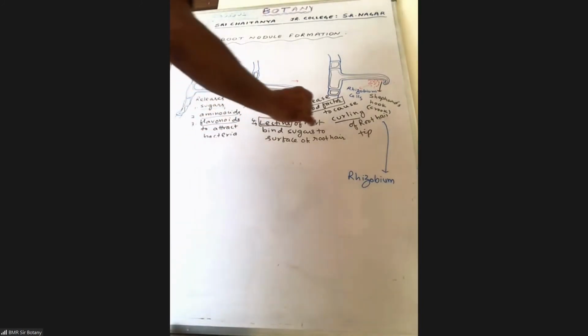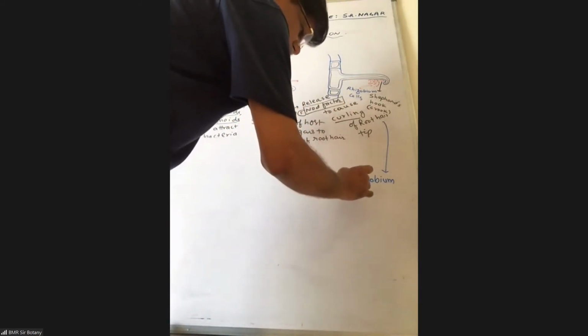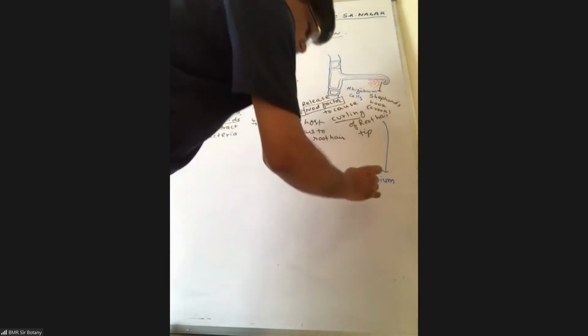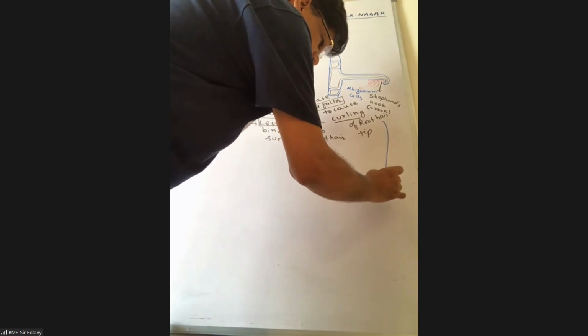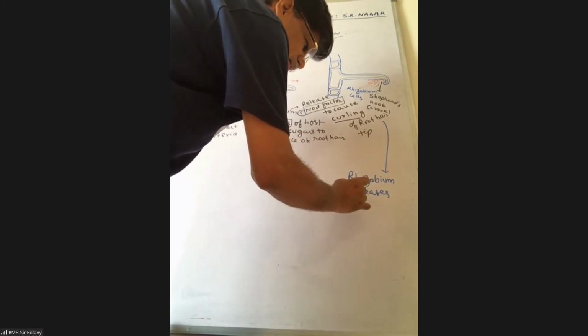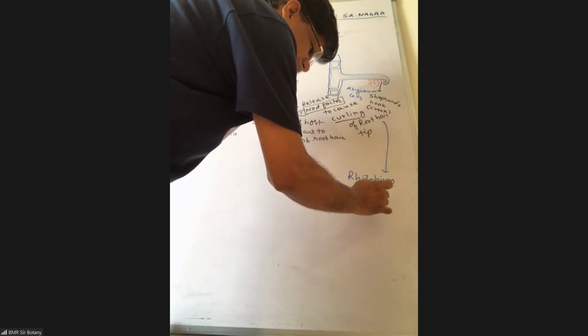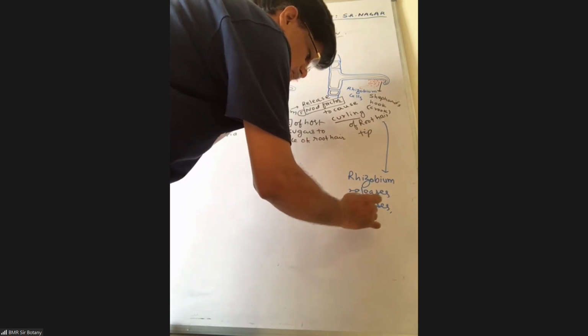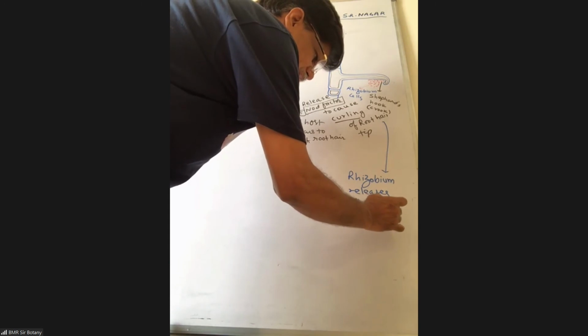Rhizobium releases, secretes, already released nod factor, now it releases enzymes like cellulases, pectinases. Who will be digested now? Guess and tell me.